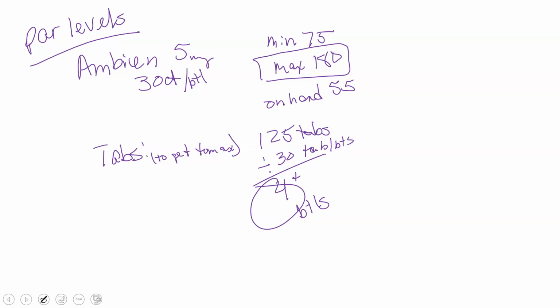Let's try another one. Let's say we have Xalatan eye drops. These are used for glaucoma. It's latanoprost. It's a prostaglandin. And let's say it comes in 2.5 milliliter drop bottles. We'll call it a vial.